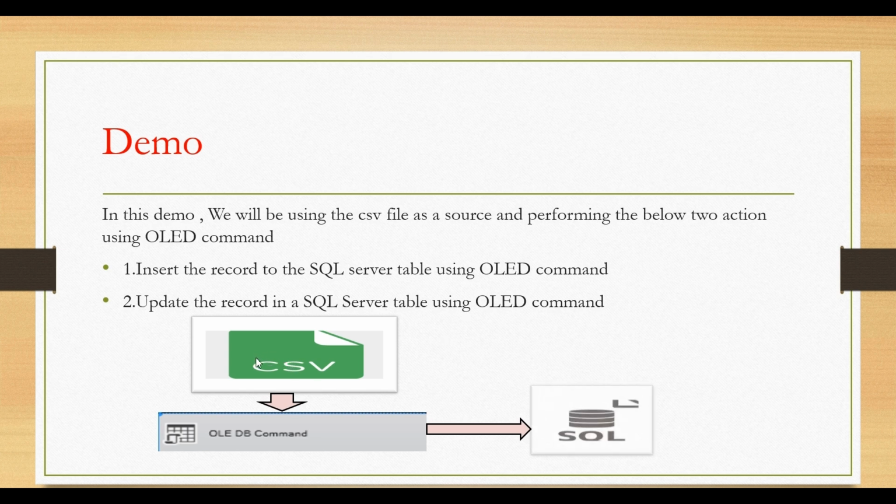I have a CSV file in my local drive, and I am going to load it to SQL Server by using the OLE DB command. Later I will showcase how you can update the rows in the SQL Server table using the OLE DB command. So there are two things we are going to see: one is insert via OLE DB command, and another is update via OLE DB command.